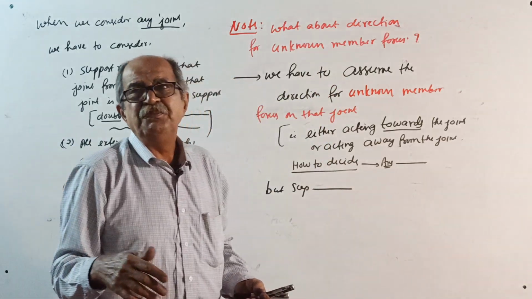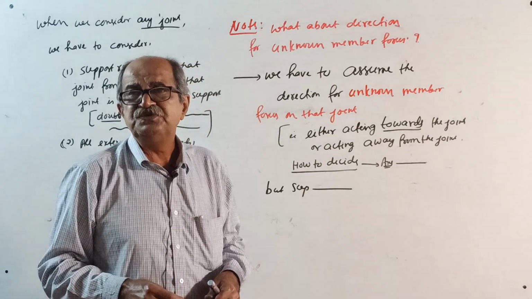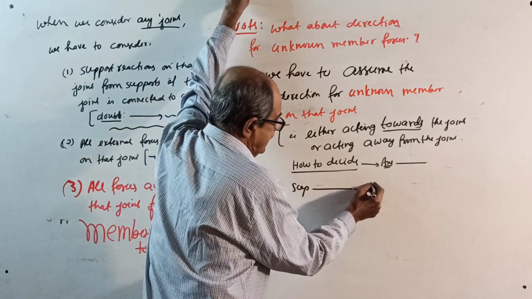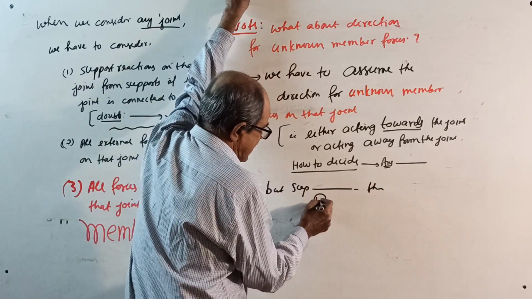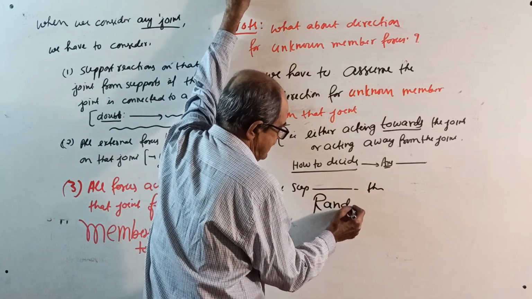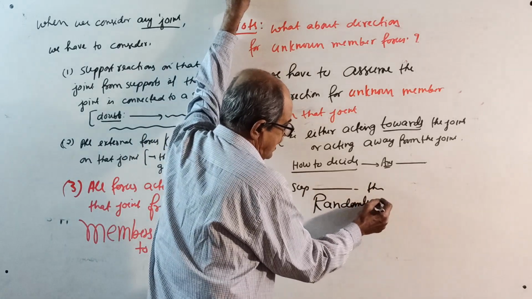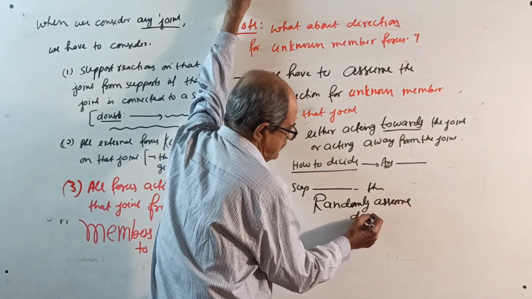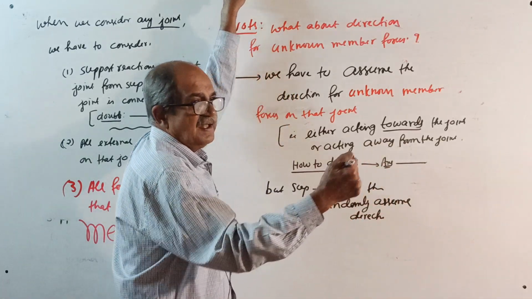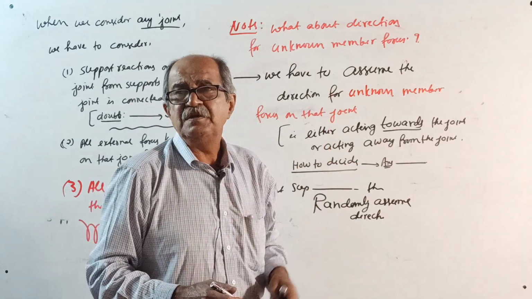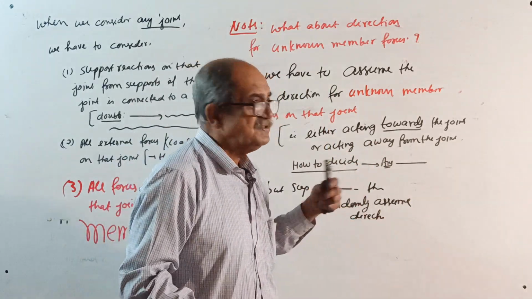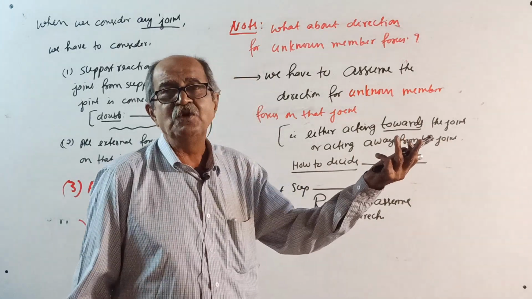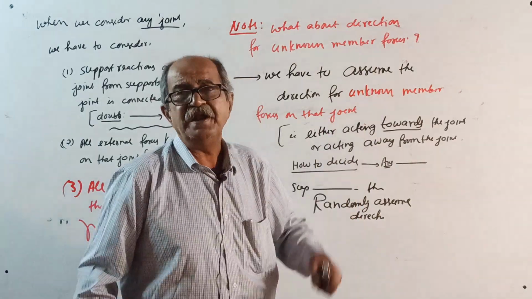Instead, if you do not want to think and waste time, randomly assume a direction, over. Either incoming or outgoing, acting towards the joint or going away from the joint.